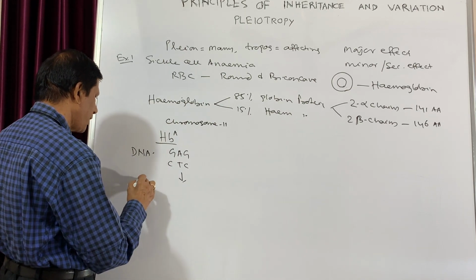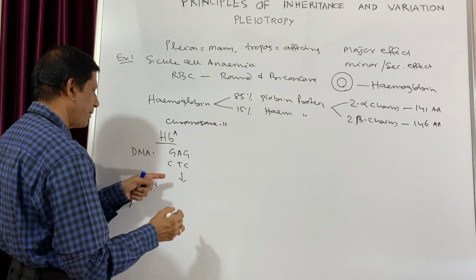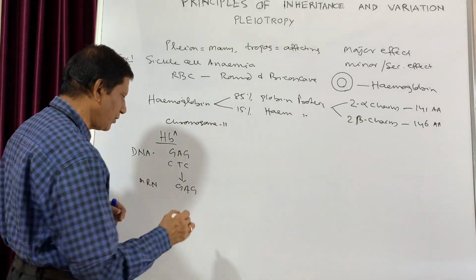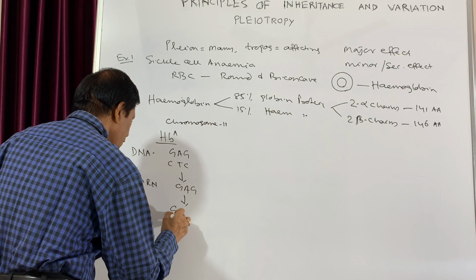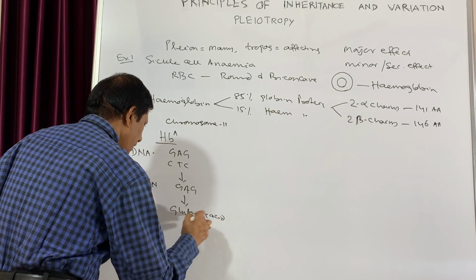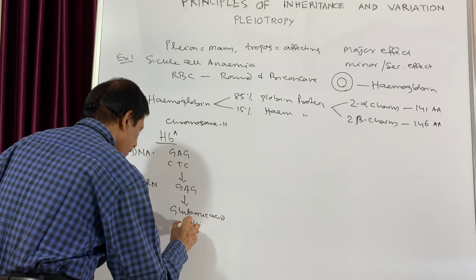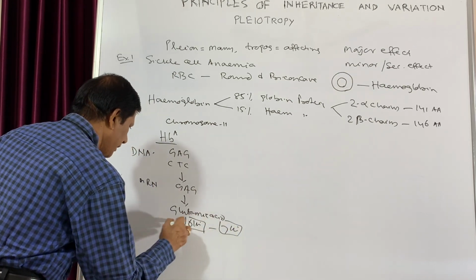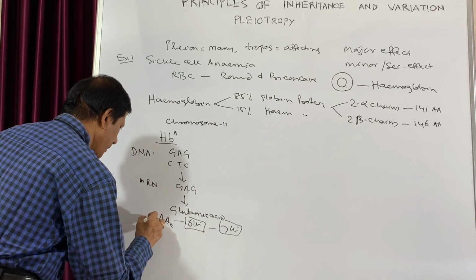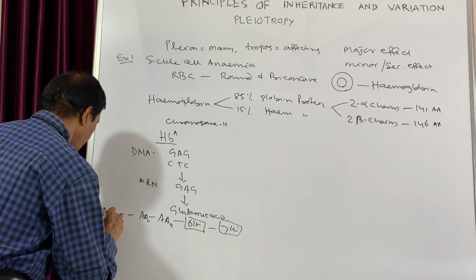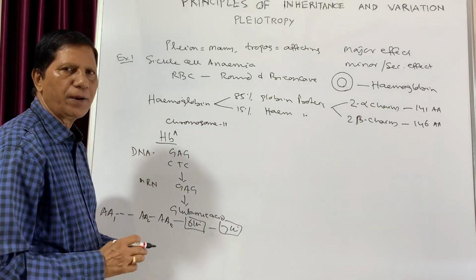This will give rise to mRNA, and the mRNA will be GAG. And according to the genetic code, GAG codes for glutamic acid. So this is present at the 6th position. Then on this side there is the 7th position, and on this side there will be amino acid number 5, then 4, and so on up to 1. This is the normal one.